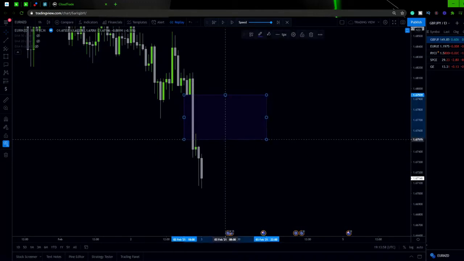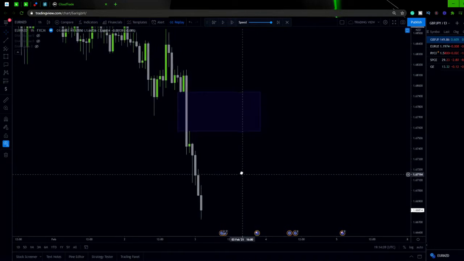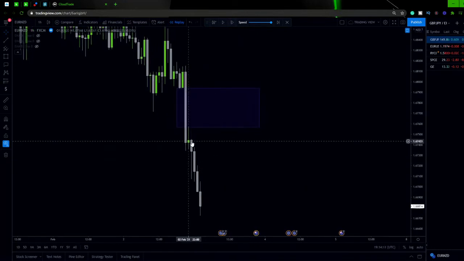So we push up a little bit into this level, but we've still left this big hole in the market, which again we can assume price is going to want to come up and fill at some point in the future. And as we're coming down, we can see that this gets filled.